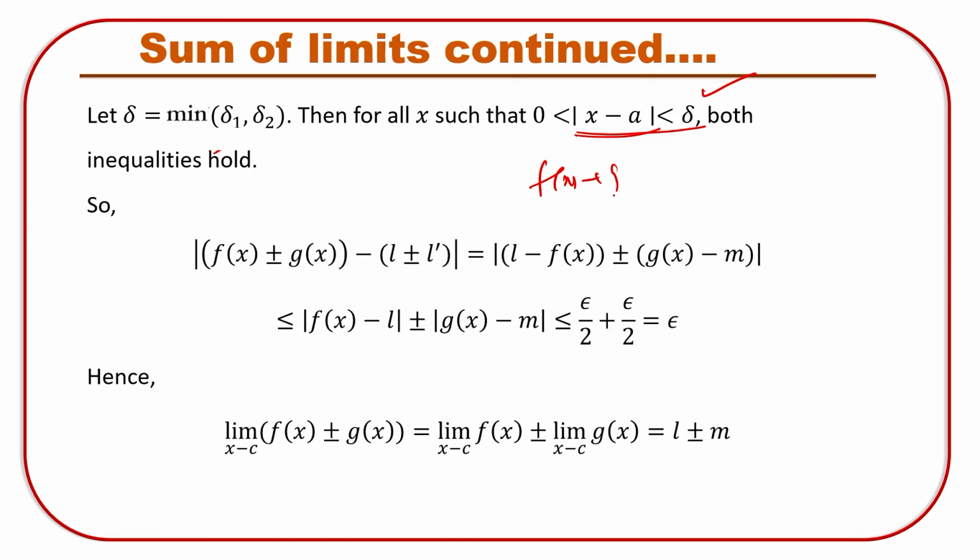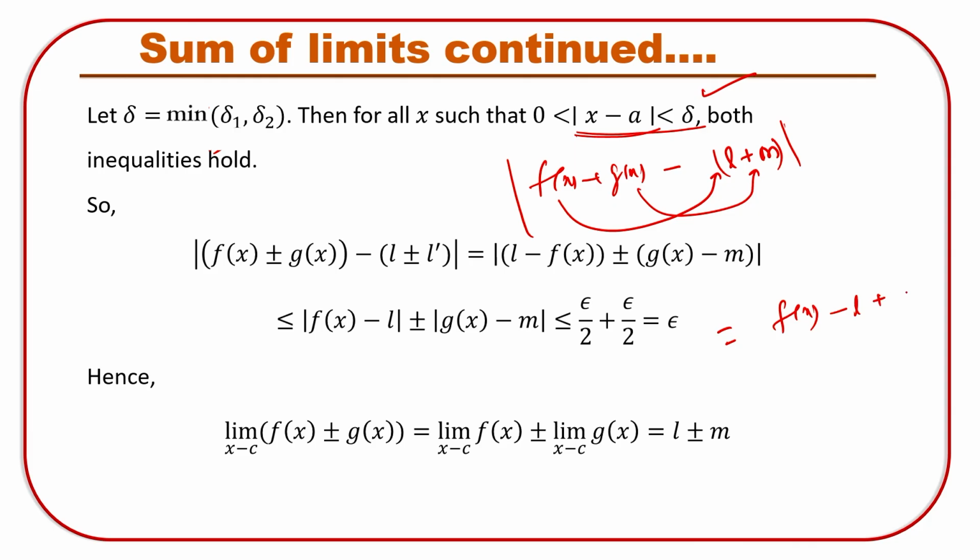So for f(x) plus g(x) minus L plus M, this becomes the modulus of f(x) minus L plus g(x) minus M, right. Taking these as a and b, modulus of a plus b is less than modulus of a plus modulus of b.